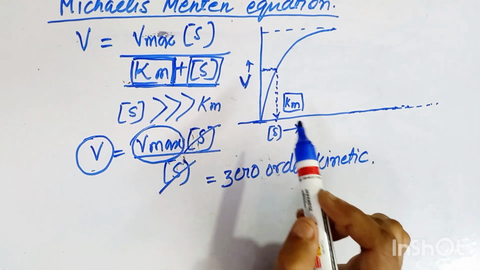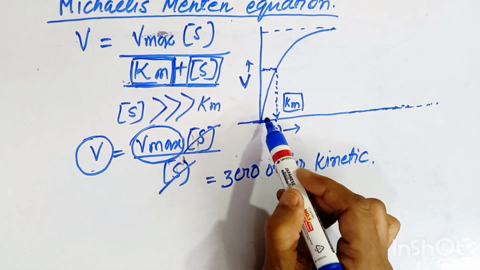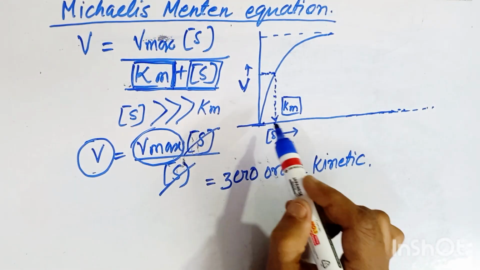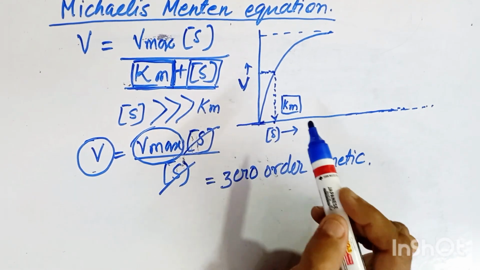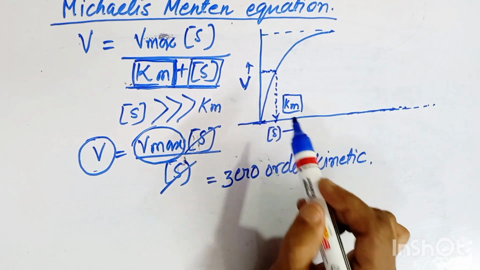Suppose we take a very low substrate concentration. Suppose we take a substrate concentration here and the Km value is much higher than this.